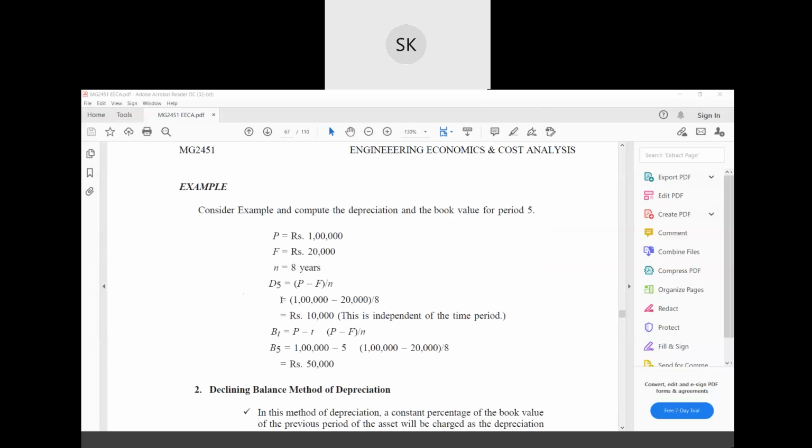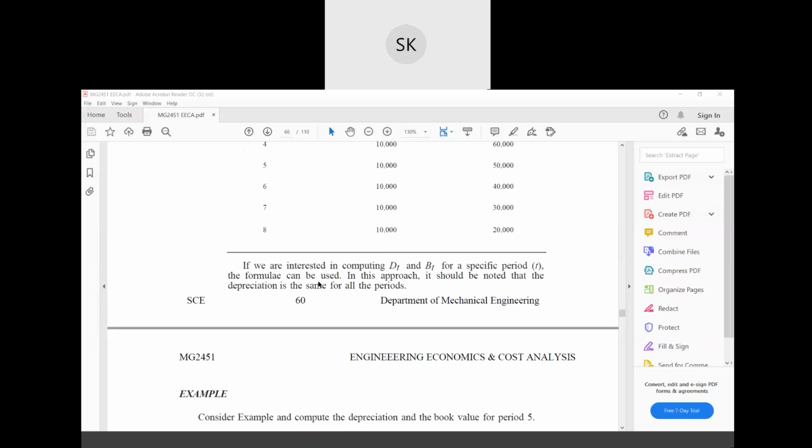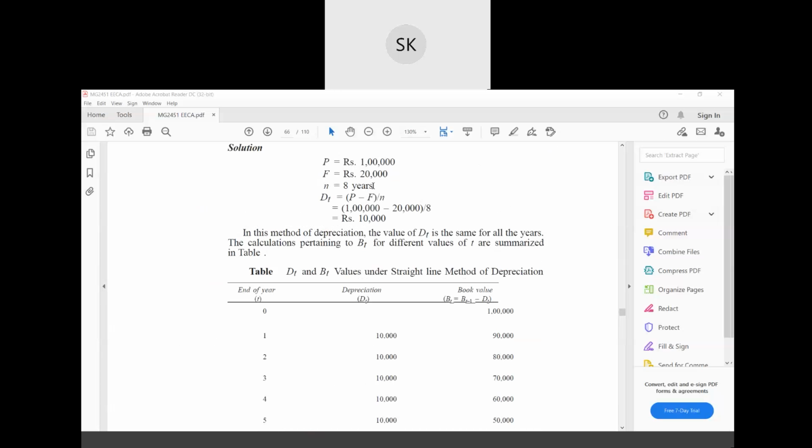Again, there is an example. Consider the example and compute the depreciation and the book value for period 5. Suppose it is asking you to find the depreciation and book value for 5 years. You have F, you have N, which was 8 years, given, so you can find D5. Here in this question, depreciation is independent of the number of periods.